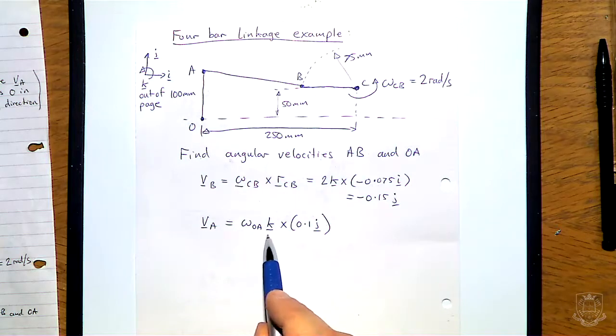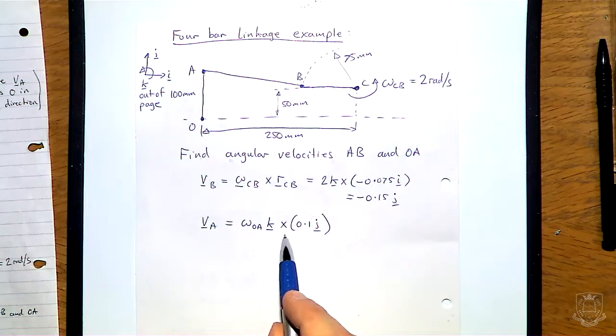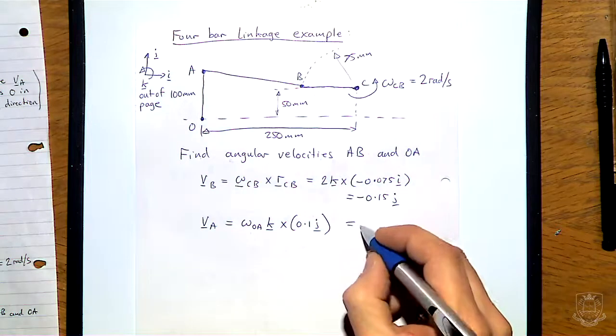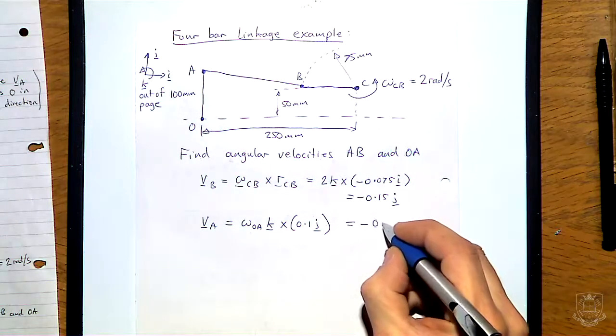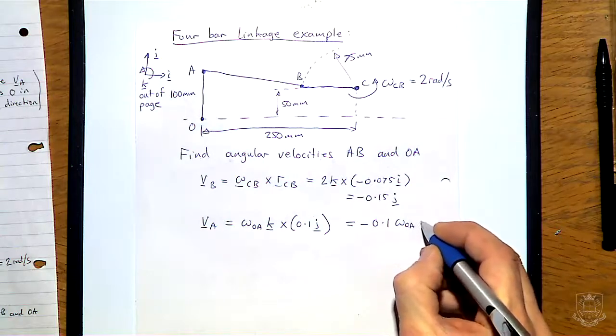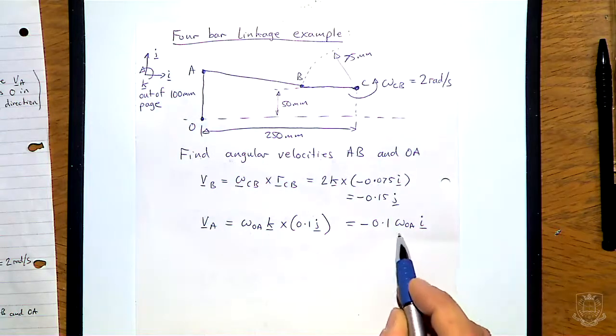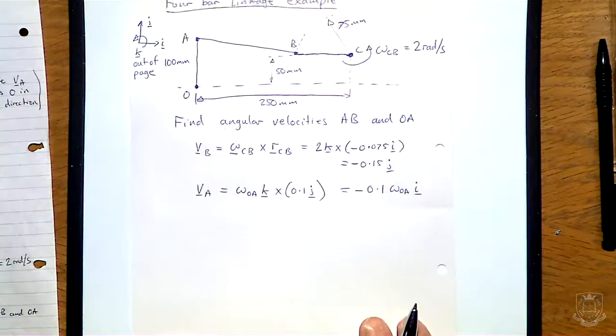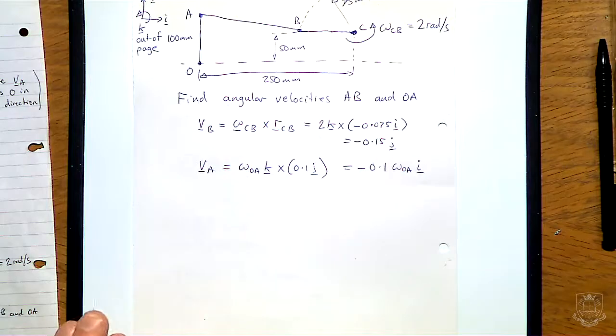So I've got a scalar times K crossed with, this is now 100 millimeters going up in the J direction, so it's 0.1 times J. And if I work out what that is, I get minus 0.1 omega OA times I. Okay, so I'll leave omega OA there as an unknown, which we're going to find during the course of solving the problem.